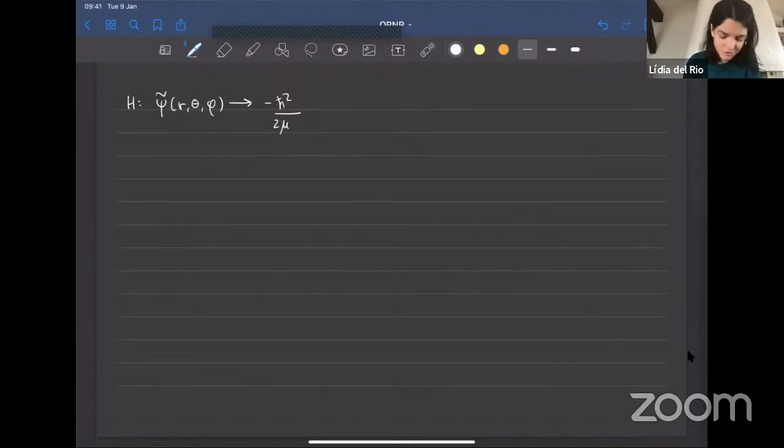Remember, we divided the momentum by 2 mu, of r squared, r, plus 1/2 mu r squared.